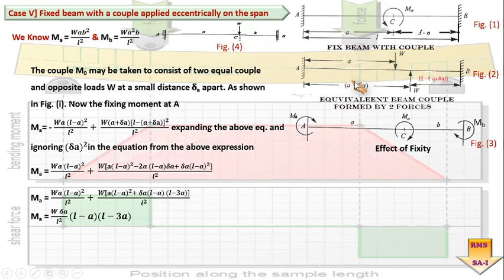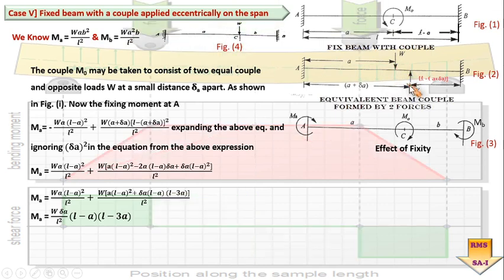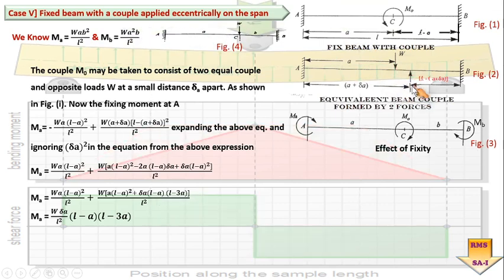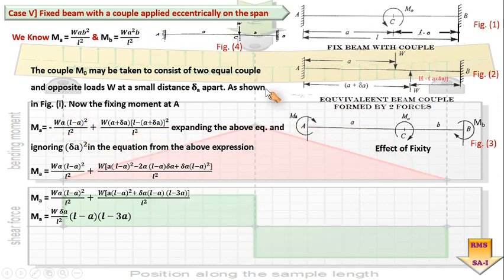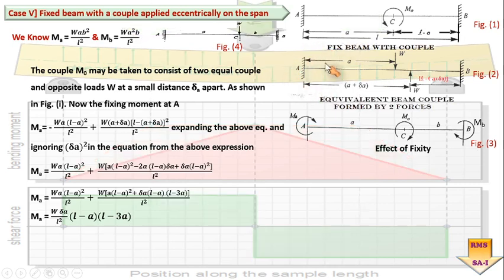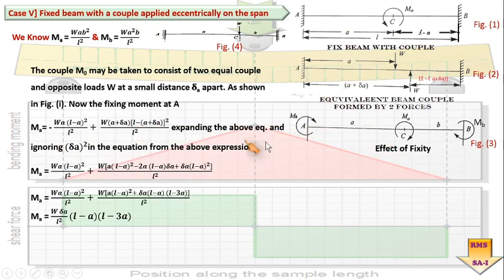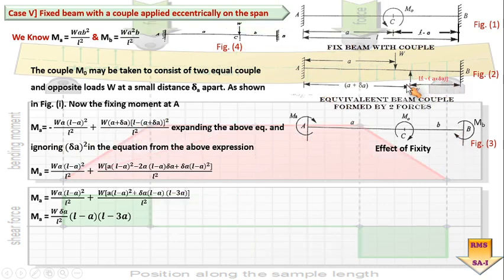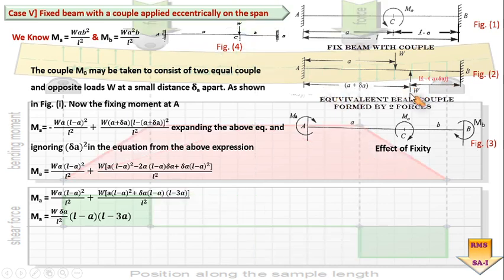Considering this figure 2 and applying this basic principle, here we have two point loads, one downward and another upward. MA at this end due to W is always in the anticlockwise direction, so it is minus, whereas the W on the right-hand side, acting at a distance of A plus delta A, will be in a clockwise sense.